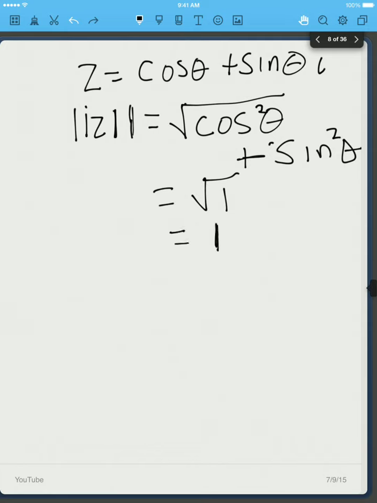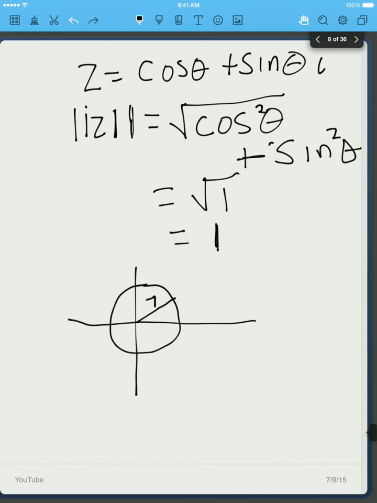So this is the set of complex numbers that have magnitude 1. If we think about the complex plane, we have a unit circle with radius 1, and this is all the complex numbers that exist on the circle itself, not on the inside or the outside, just the ones that have magnitude 1.